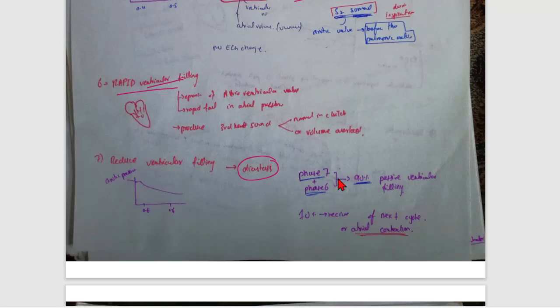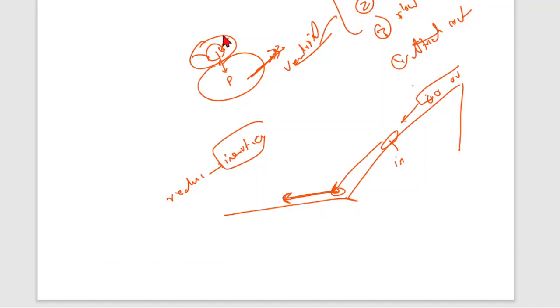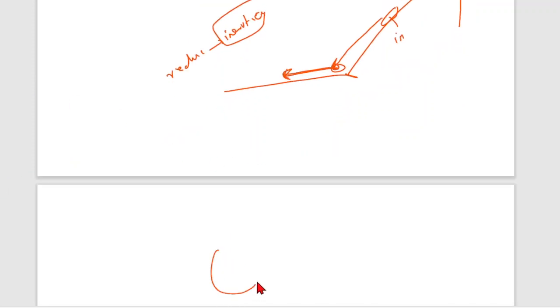Now you have to remember that phase 7 to phase 7 plus 6 are 90% passive ventricular filling. That means the passive ventricular filling occurs in the rapid ventricular filling and reduced ventricular filling. But 10% filling of the ventricle occurs due to atrial contraction. For example, this is your ventricle.